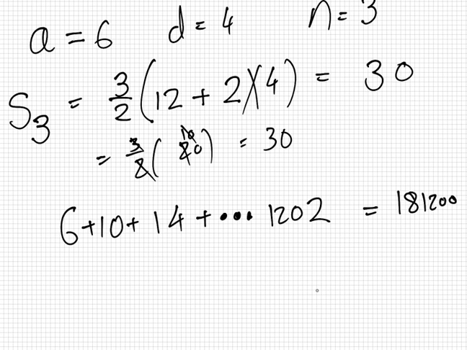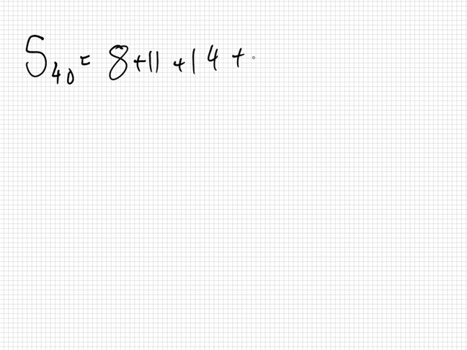Can I scroll down? Yeah. So I'm going to do 5A. I want to calculate S40, and I'm adding together 8 plus 11 plus 14 all the way to 125. So I just use my formula.